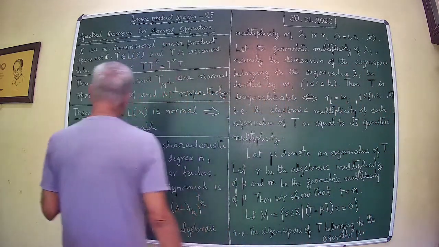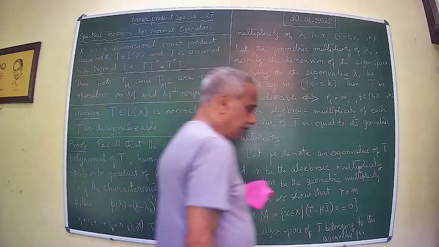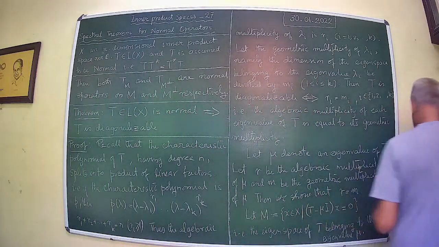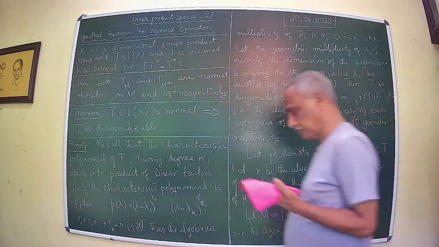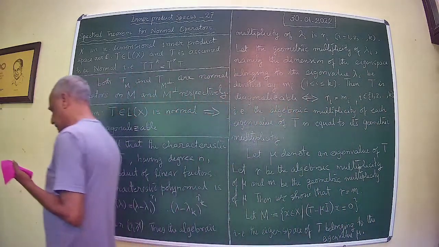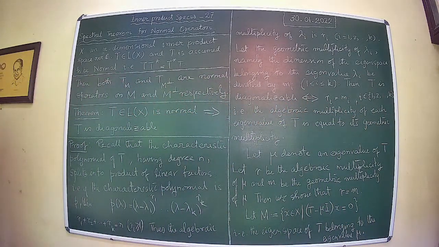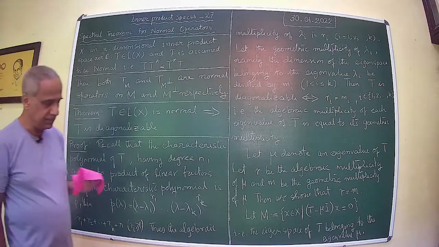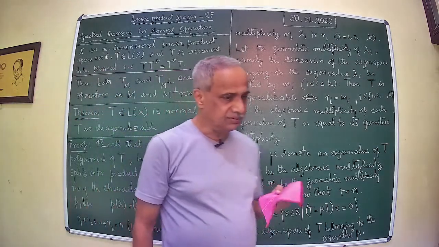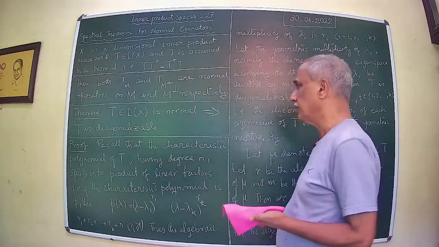Now what we do is we use the normality property of T in the form that T leaves M invariant and T also leaves M perp invariant.